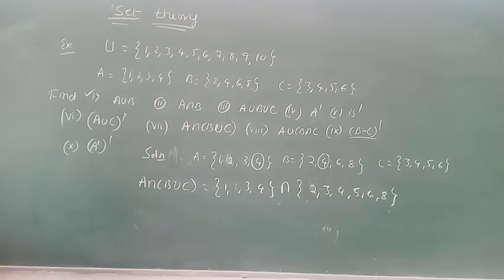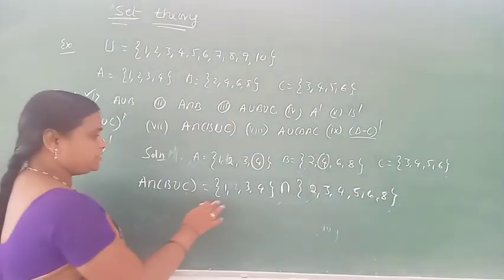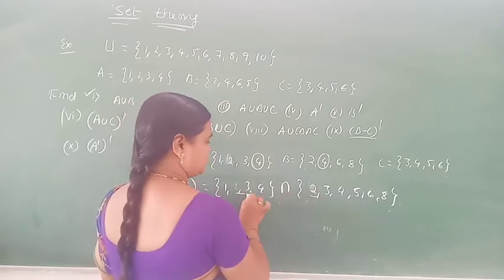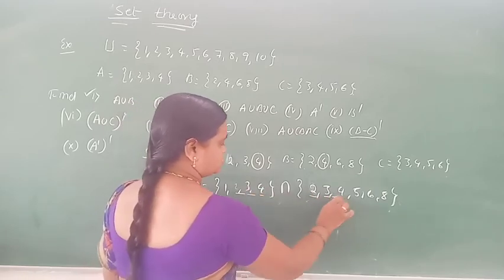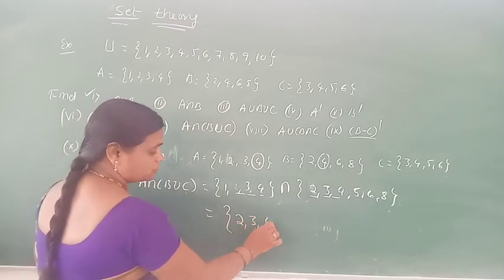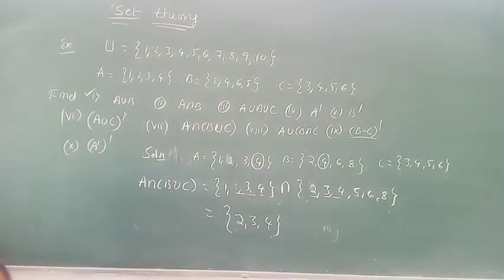Next, is there any common element between these two sets? See, 2 is there, 3 is there, 4 is there. Means common elements are 2, 3, 4. So A intersection B union C is 2, 3, 4. Okay.